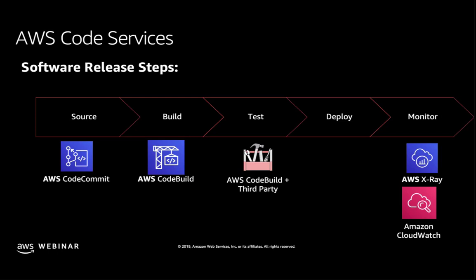And then for testing, again, you can use CodeBuild for some of it. For things like integration tests and UI tests, you probably want to use some kind of third-party open source tools for that. And for deployment, we've got a service called CodeDeploy, which we'll dive deeper into in a little bit. CodeDeploy allows you to deploy your code to EC2, to ECS, to Lambda, as well as to on-premise resources as well.